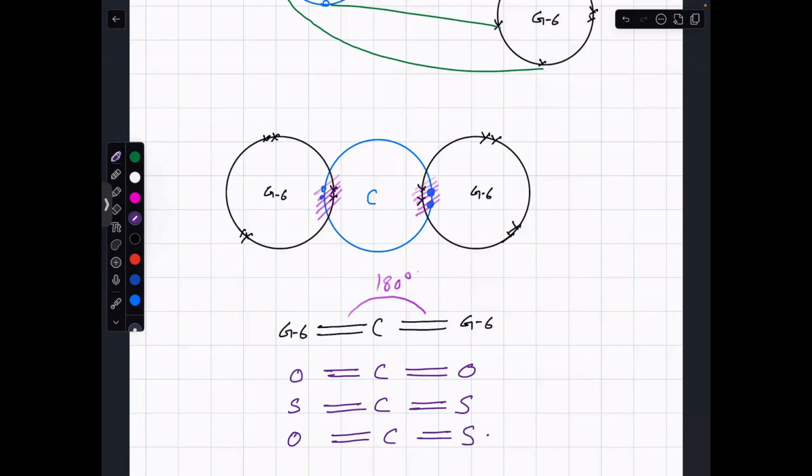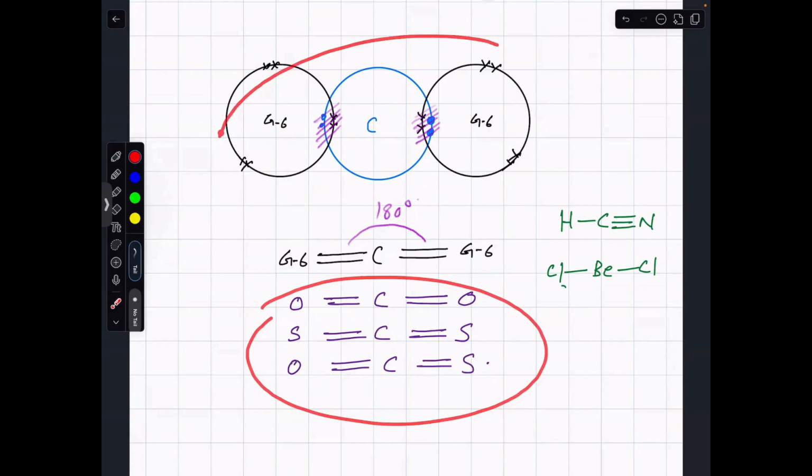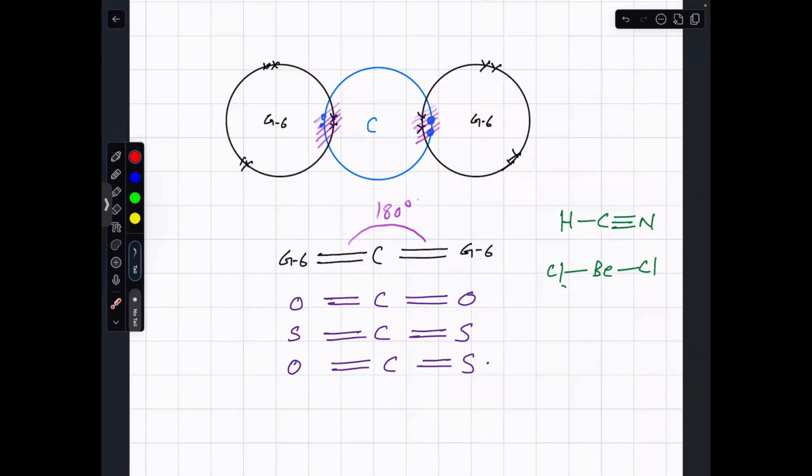Right? So if you see the HCN, the triple and the single are at 180, the BeCl2, they are at 180, and these are three more examples. They're based on this. They're all linear, 180.